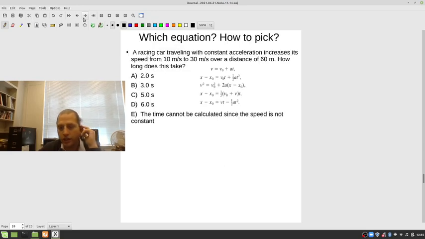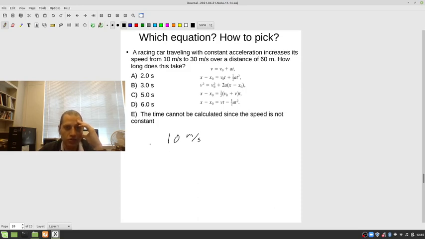So let's take a look at how we try to break up these types of problems. Here we're told a racing car traveling with a constant acceleration increases its speed from 10 meters per second to 30 meters per second. Okay, so let's write down what we know. 10 meters per second, what is that?